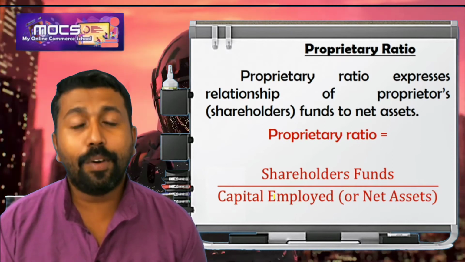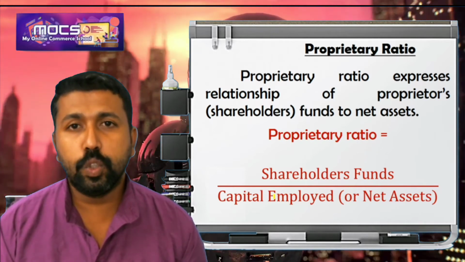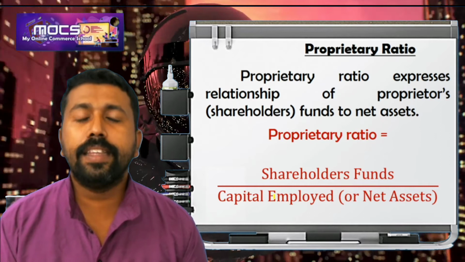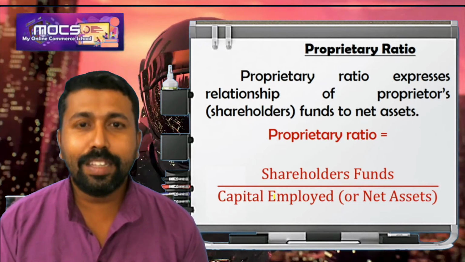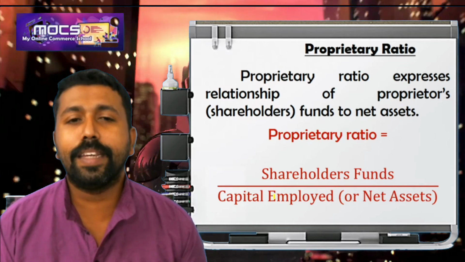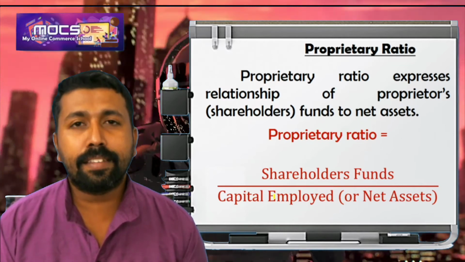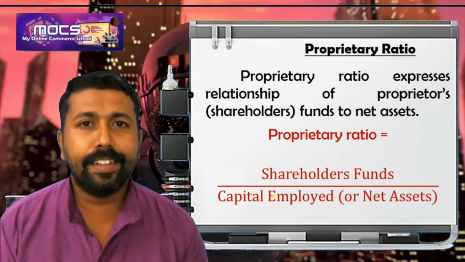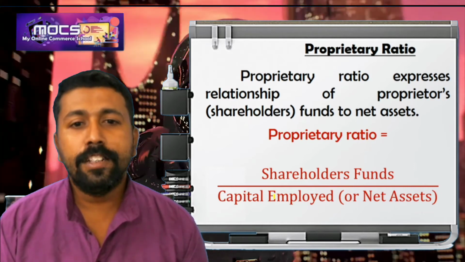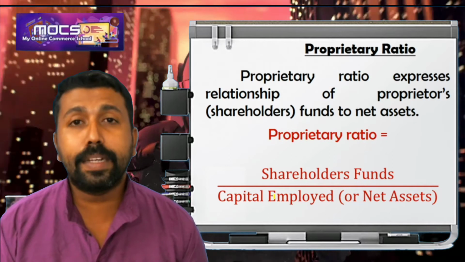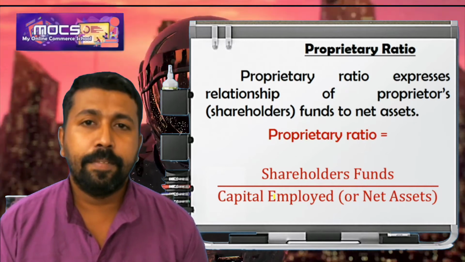So normally the owner's fund is repaid by selling the assets available in the hand of the firm. So this ratio shows the relationship between the net asset, total asset value, and shareholders fund. Remember the equation, shareholders fund divided by capital employed or net asset.